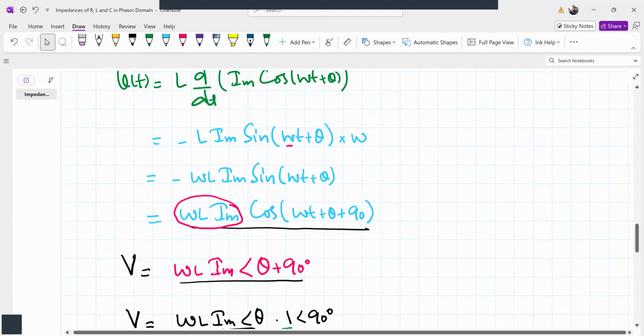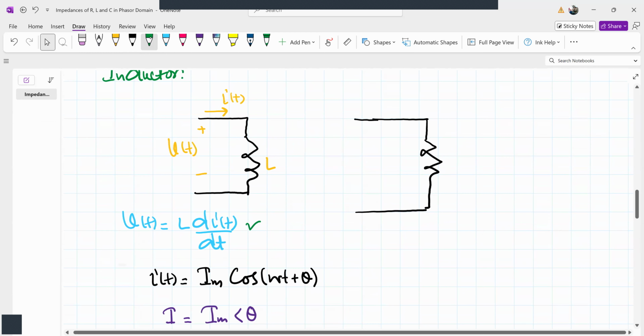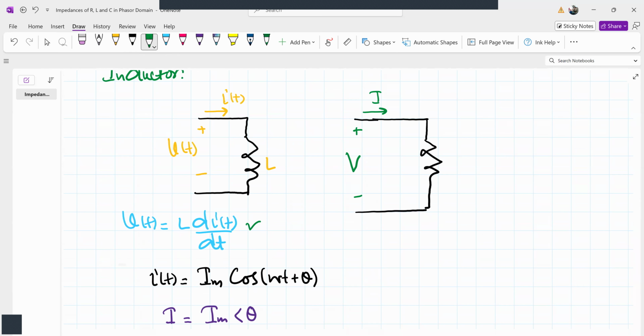So if capital V is the V phasor and current is I, then the inductor will be simply replaced by j omega L, or simply omega L at an angle of 90 degrees, because j is simply 1 at an angle of 90 degrees. So that's how we replace the inductor within the phasor domain, j omega L.